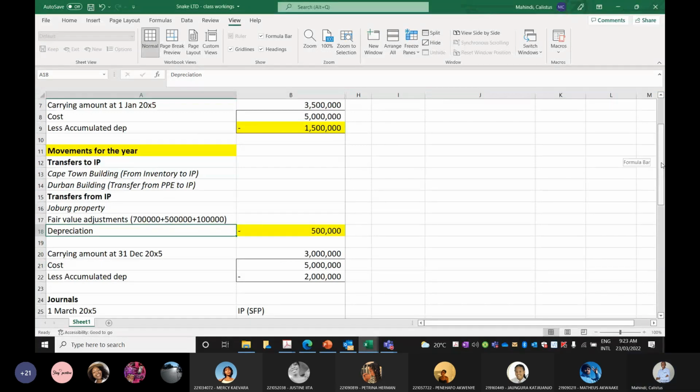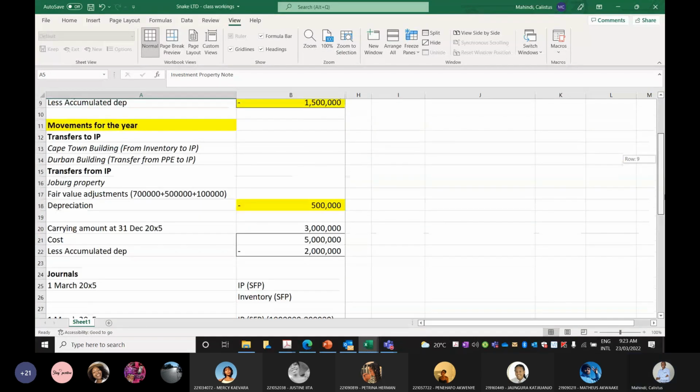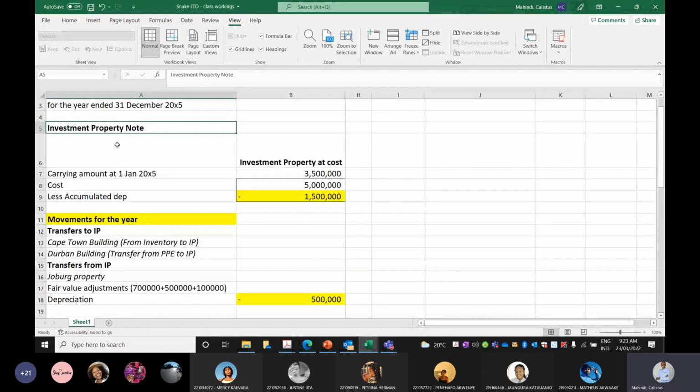Okay. So this is Snakes Limited note to the financial statements for the year ended 31 December 20x5. I put 2015. So we have our investment property note. Now the investment property note looks exactly like the property, plant and equipment note. Since this investment property is carried at its cost price, it will always be carried at its cost price, because the fair value was not determinable at the beginning.